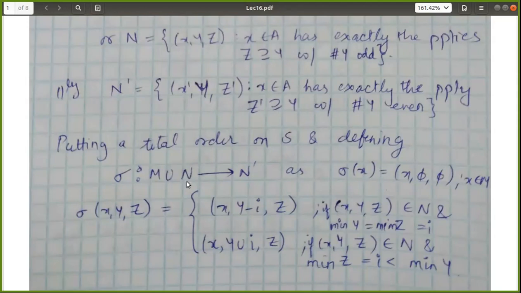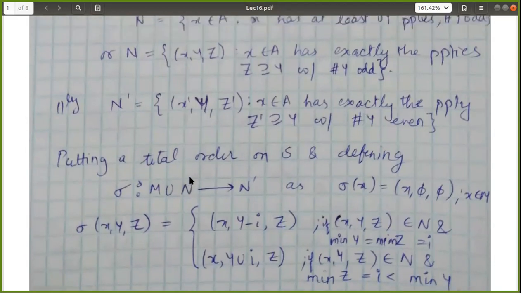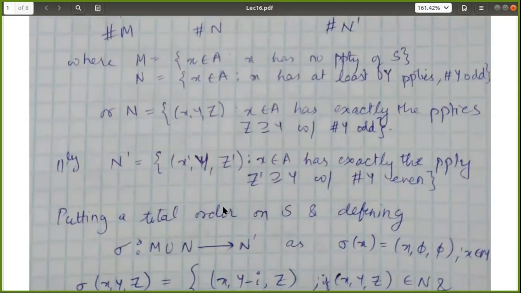Now coming to the elements of N. Elements of N can be divided in two ways, in two subsections in some way. So what you do first of all is that, first observe that we have put a total order on S, right? And S was the set of properties, which means the properties are sort of arranged in, let's say, P1, P2, ..., Pn manner.